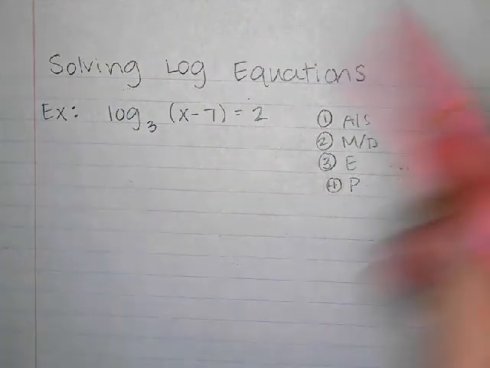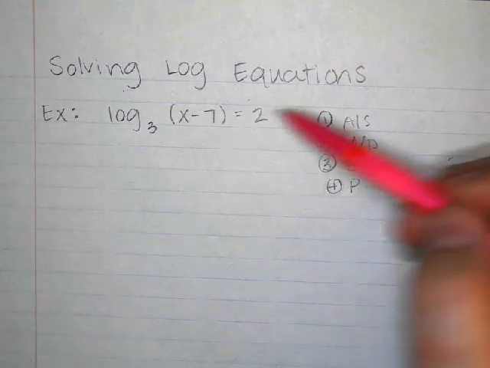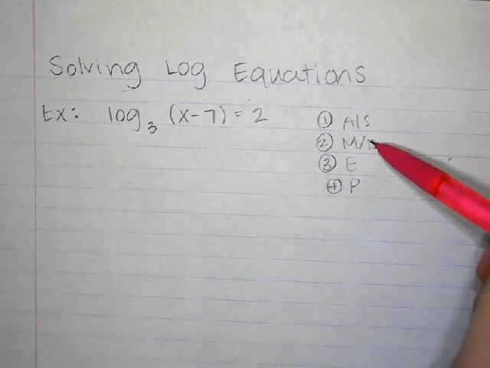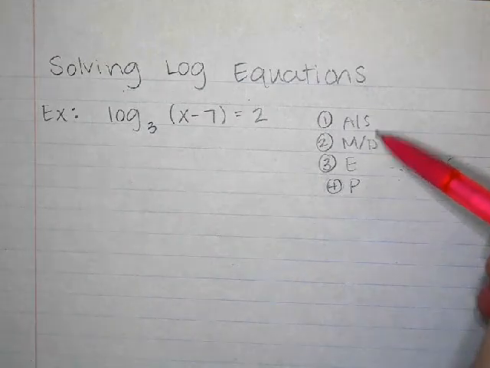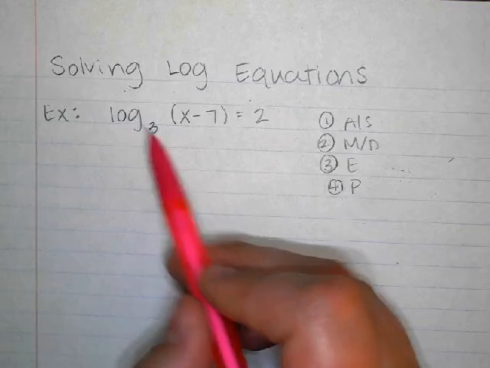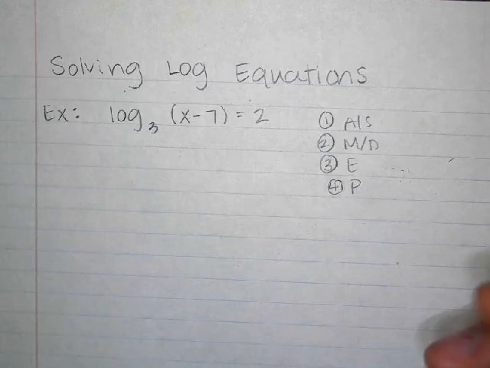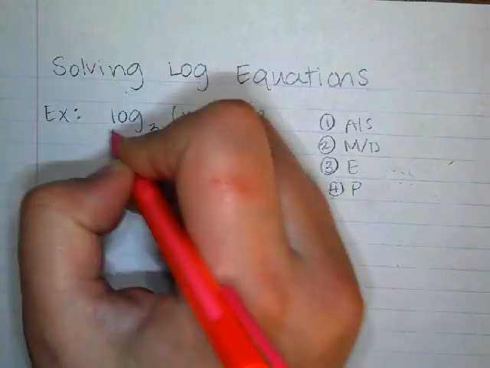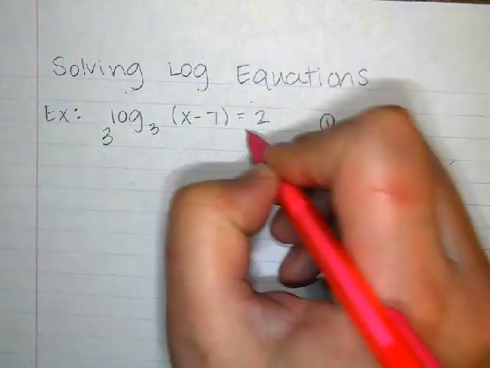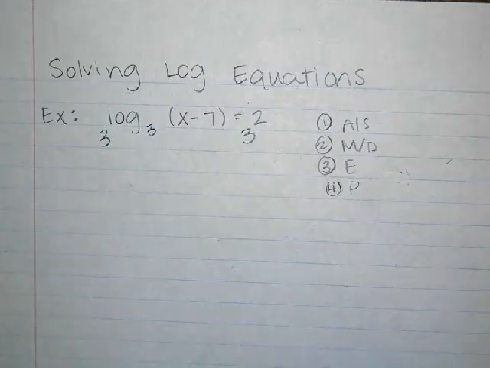So the very first thing we're going to have to do is get rid of the log base 3 by introducing something that's kind of exponential in the problem. So I'm going to introduce a base of 3 and a base of 3 to get rid of the log base 3, because we know that the opposite of logs is exponentials. So I'm doing a base of 3 and a base of 3.